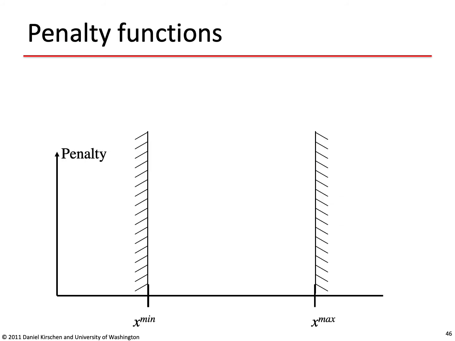One approach to dealing with inequality constraints is to replace them by penalty functions. Let's illustrate how that might work. Let's suppose that we have a variable that must remain between xmin and xmax. Normal inequality constraints, you could look at them as being like walls that you are not allowed to pass.